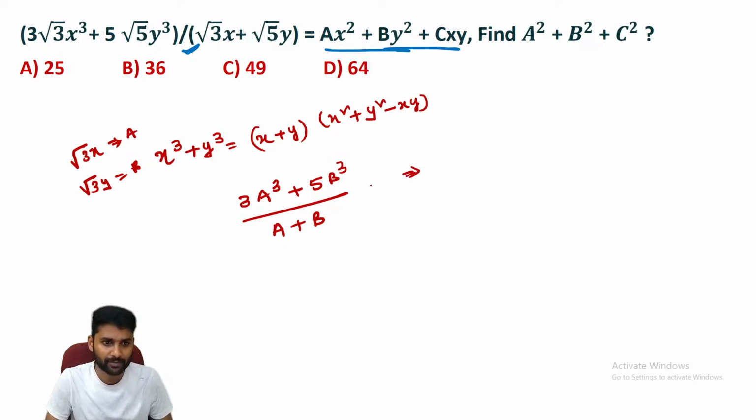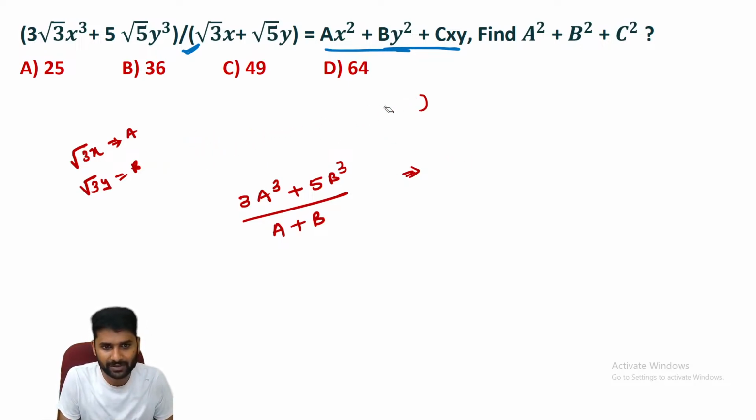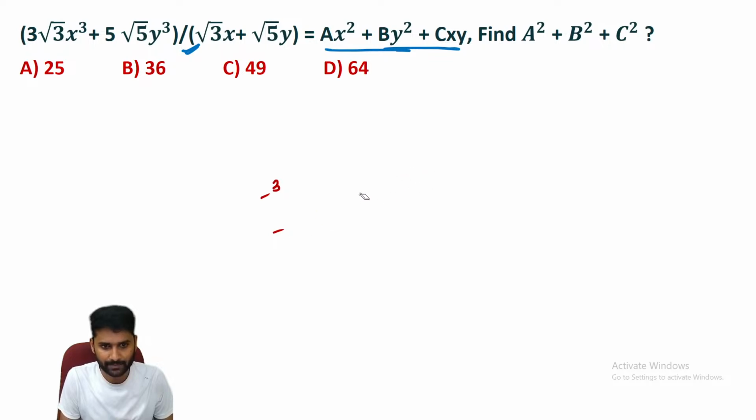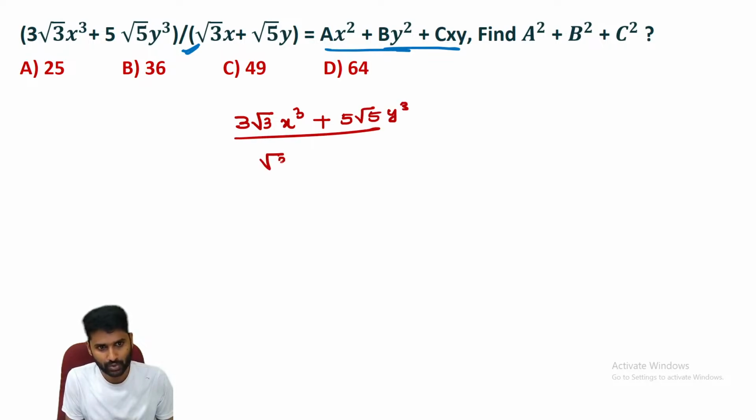Now if you convert the form here, what is the x value? Take this value in terms of a plus b. You understand? We write the whole equation again. Very good. 3 root 3x cube plus 5 root 5y cube divided by root 3x plus root 5y.